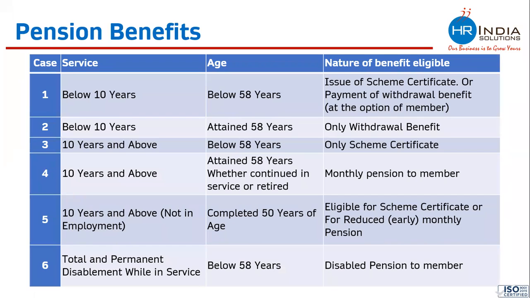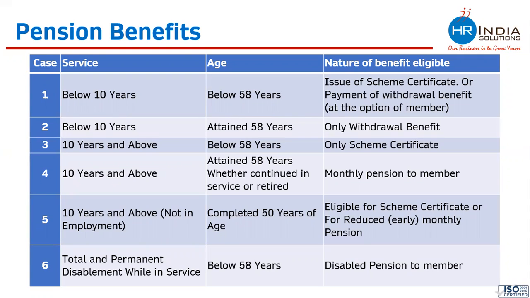Now, these can be the various possibilities regarding pension. The first case is when the service period is below 10 years, when the person has not contributed for 10 years and the person's age is also below 58 years. This is the question you asked. The person's age is 48 years. In this case, the person has the option of getting the scheme certificate.